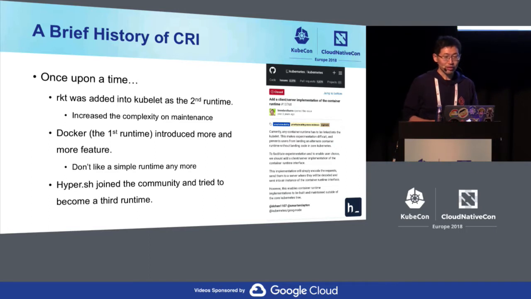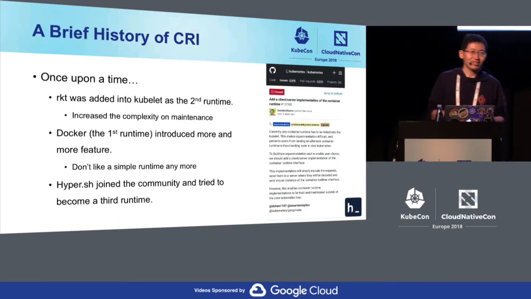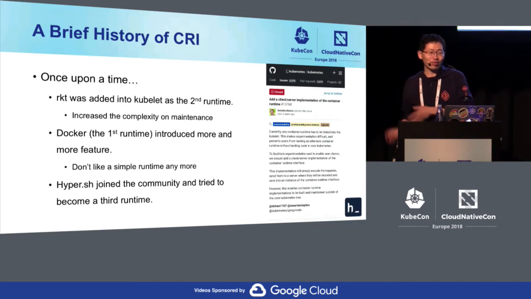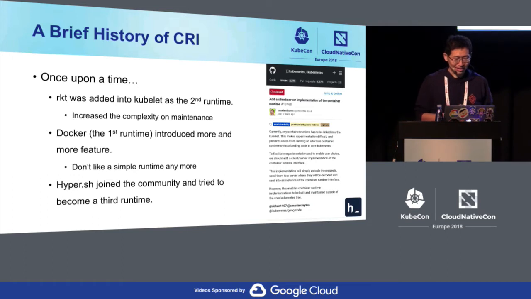And at that time, there was an increasing worry that if people want to put more and more runtimes into the kubelet, the code will be written twice, maybe 3 times or 4 times for different runtimes. And this is not a fake problem, because at that time hyper.sh had just joined the community and tried to become the third runtime. Yes, that's us.